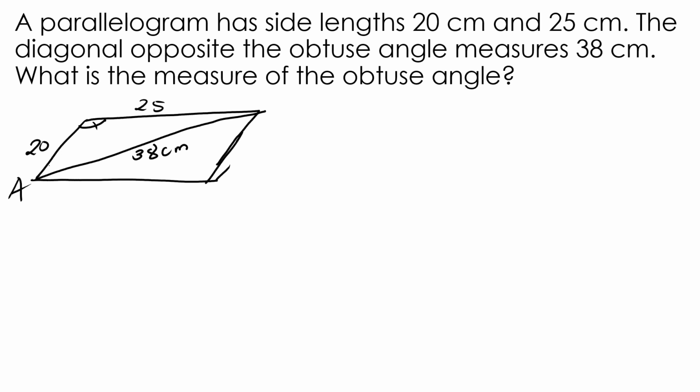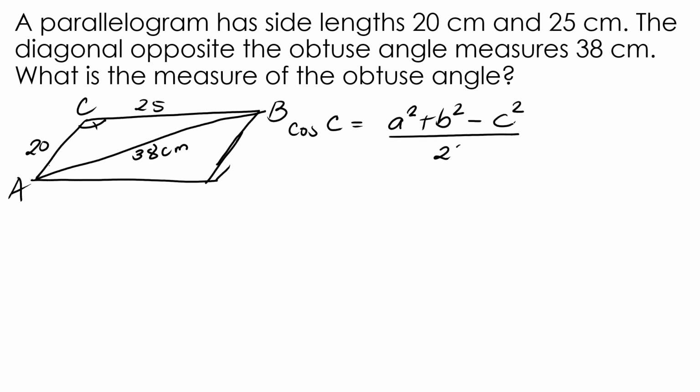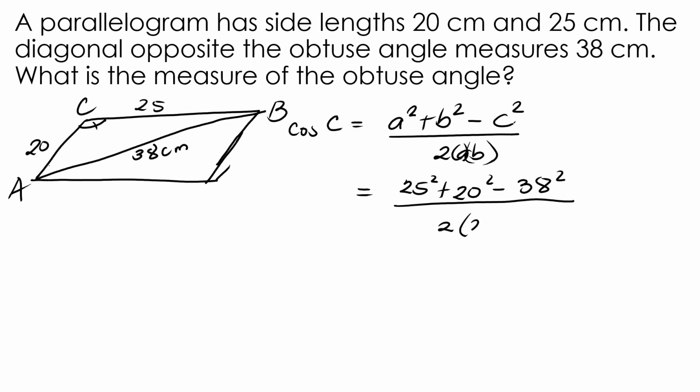Let's name this side A, side B, and this is angle C. So we're going to look for angle C. Cosine C is equal to A squared plus B squared minus C squared all over 2 times A times B. Our A is 25 squared plus 20 squared minus 38 squared over 2 times 25 times 20.